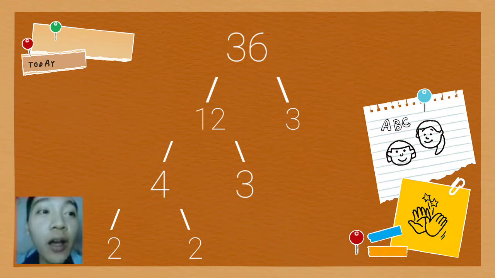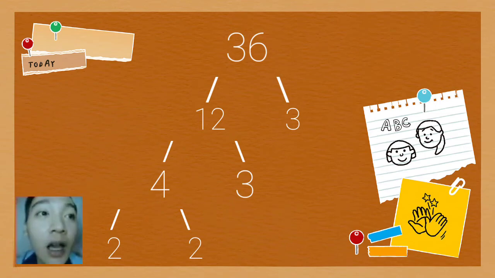So the number 2 is already a prime number, so the process will end there, and we already find the prime factorization of the number 36.